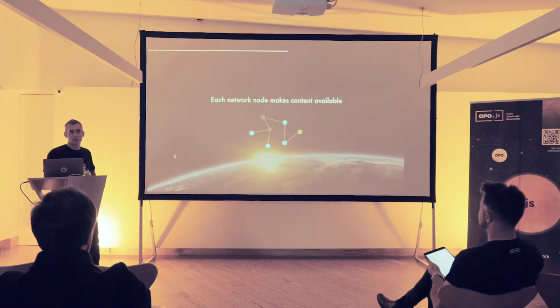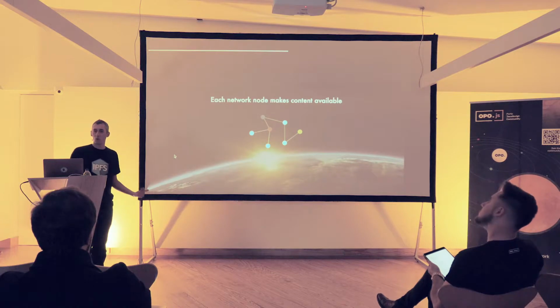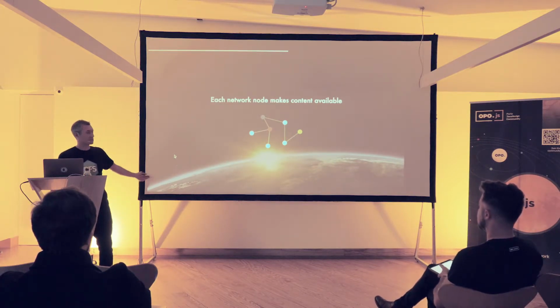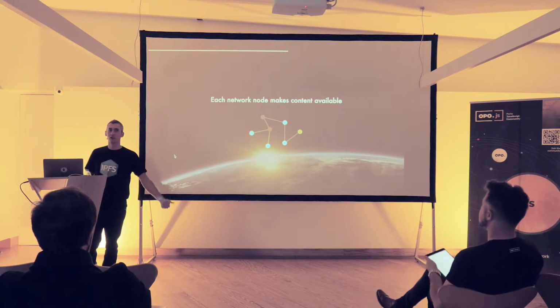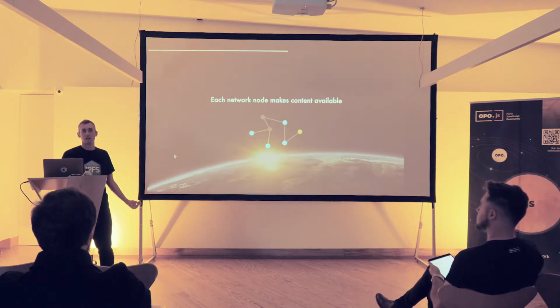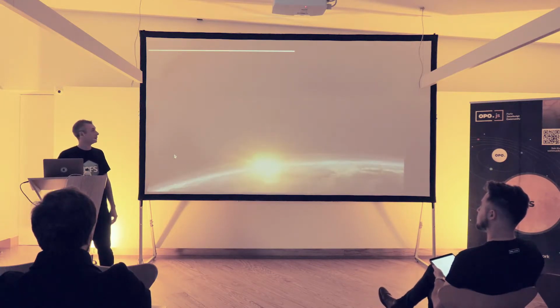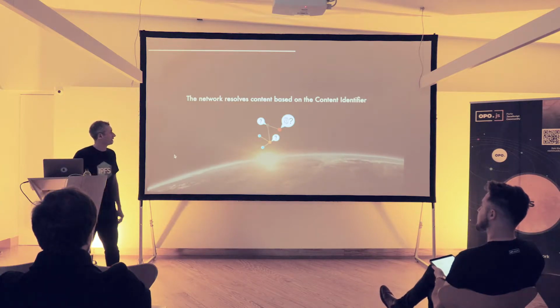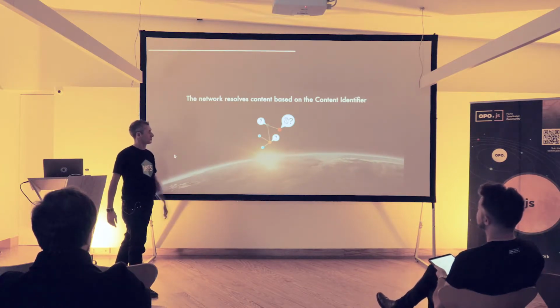Each node on the network makes some or all of the chunks in a given DAG available, and the content gets distributed through the network. So the content that you're after will be replicated on lots of other nodes, so it makes it a lot more available. And the peers pass on the queries for content node to node.